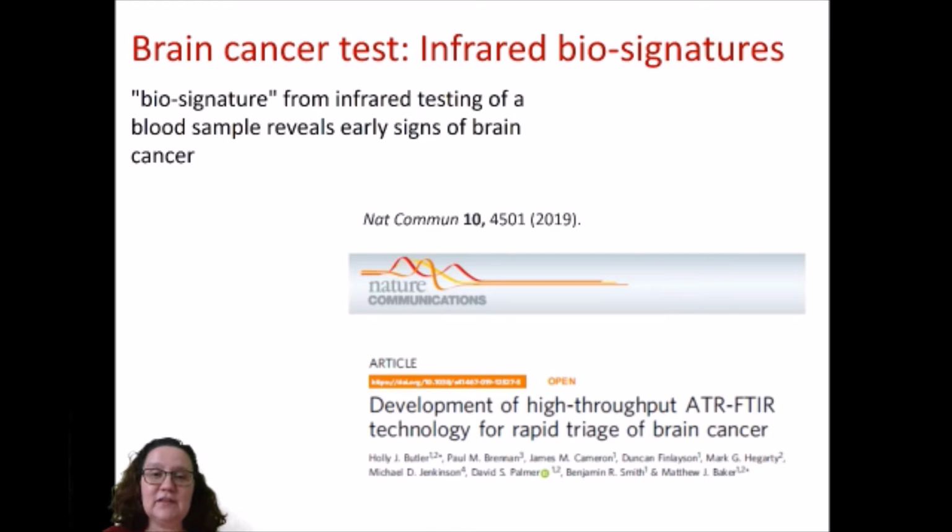This is a fascinating study from 2019 in which the researchers use a specific type of infrared spectroscopy called ATR, attenuated total reflectance, to detect brain cancer by analyzing blood samples from the patients, and on the basis of their infrared spectrum, reveal the early signs of particular brain tumors.